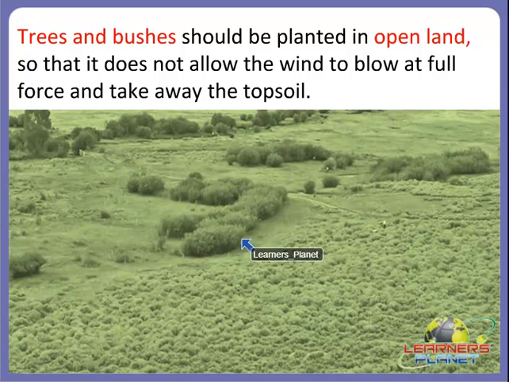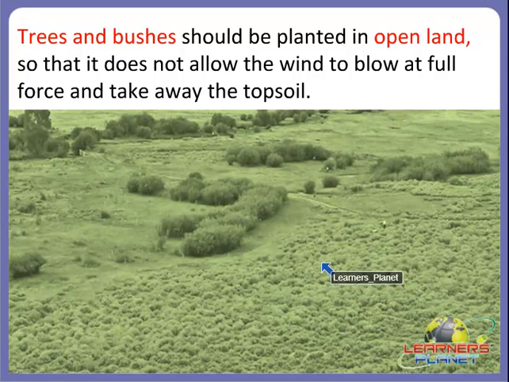Why should they be planted in open land? Because they do not allow the wind to blow at full force and take away the topsoil. So in this way we can prevent the topsoil from being removed by wind.